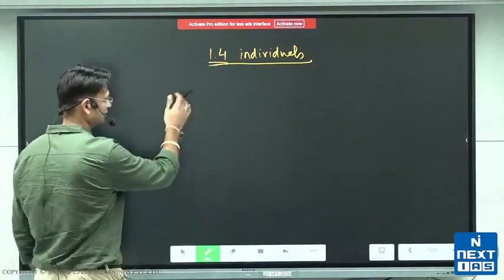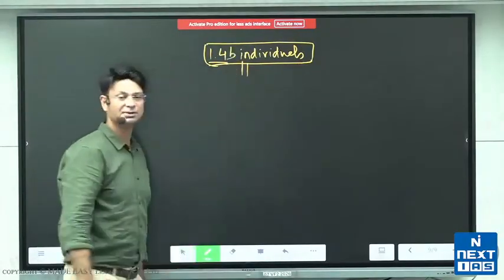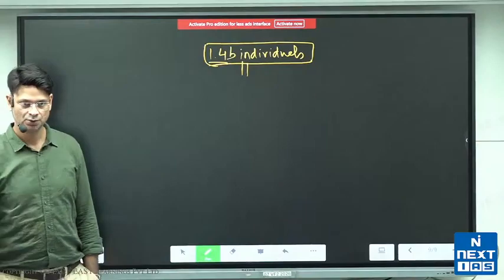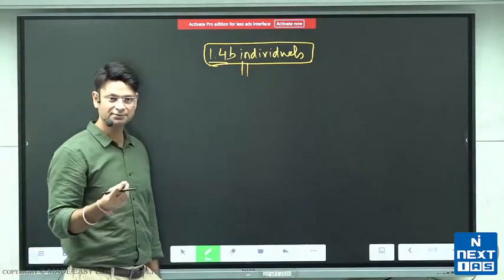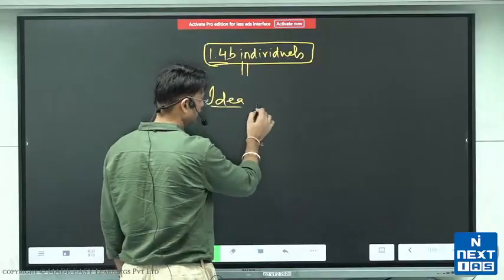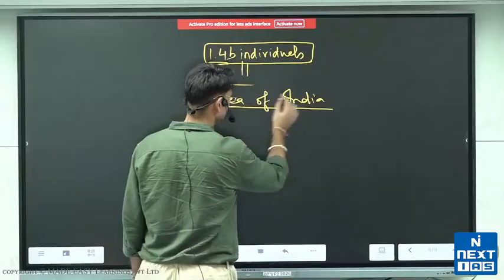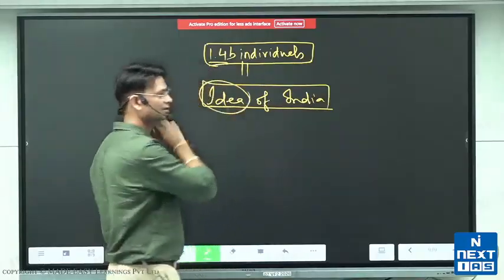That means what we share, we all 1.4 billion people, what do we share? We share that idea of India. All of us share the idea of India. This idea of India is a mental construct, isn't it?